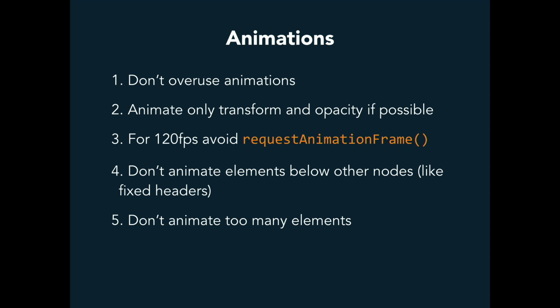But you are good to go with CSS animations or using the Web Animation API with a polyfill. Also, you shouldn't animate elements that are below other elements because of the layer creation. And even if your animations are super optimized, if you're trying to animate like 100 elements, it's not going to perform well. So you should rather avoid that.